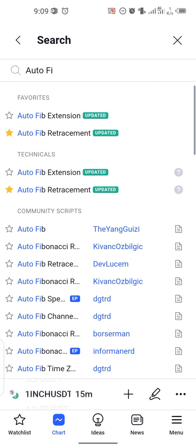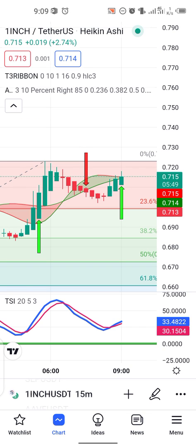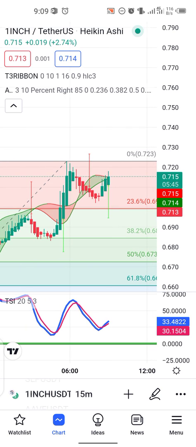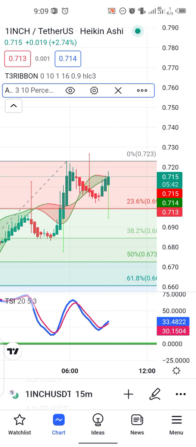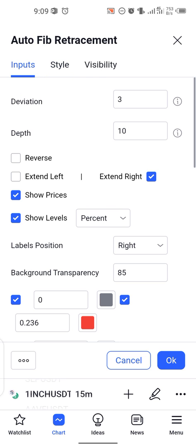So what you do, you tap on it, star, then you tap on it once, so it will appear on your screen. And once it gets on the screen, it doesn't look like this. Let me just return it out. It looks like this. Then I can get you into the right settings.